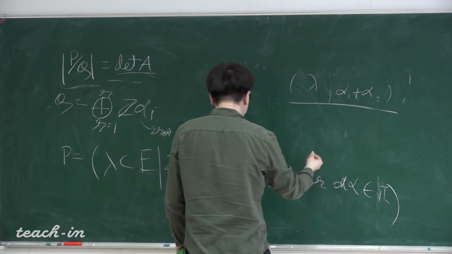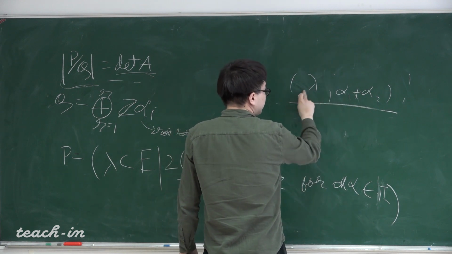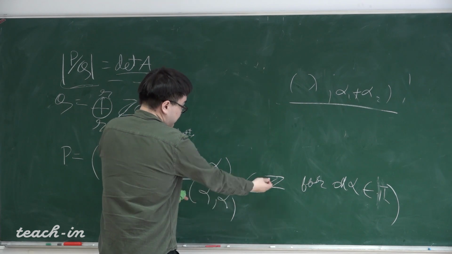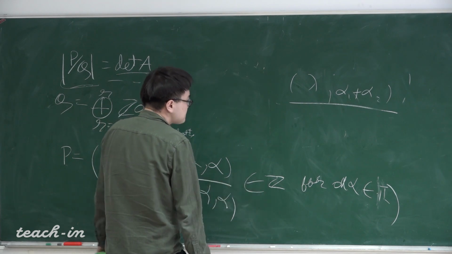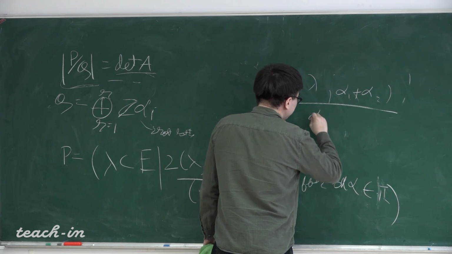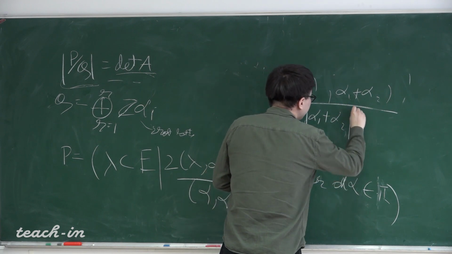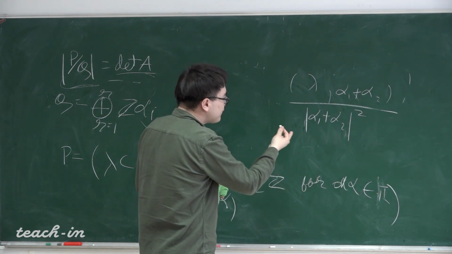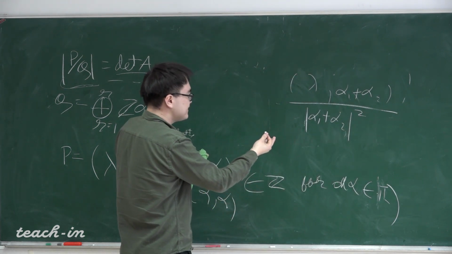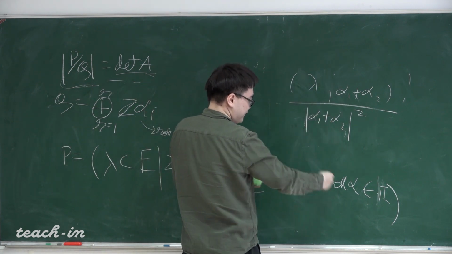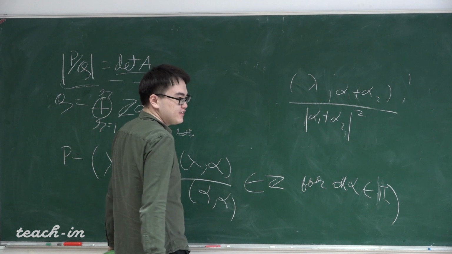So of course, if lambda with alpha 1 and with alpha 2 with this formula... I don't know why it must be an integer if lambda with all simple roots is an integer.